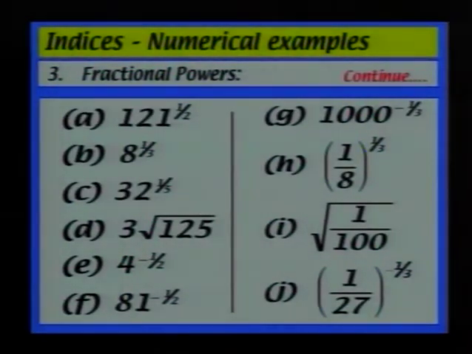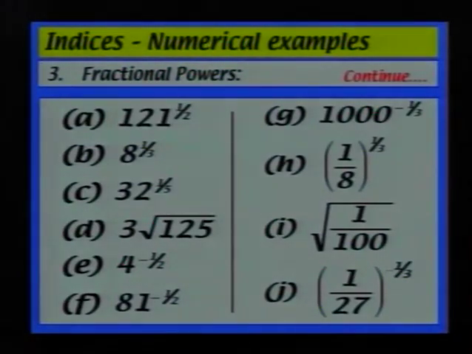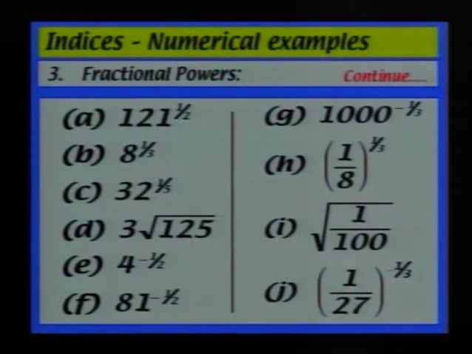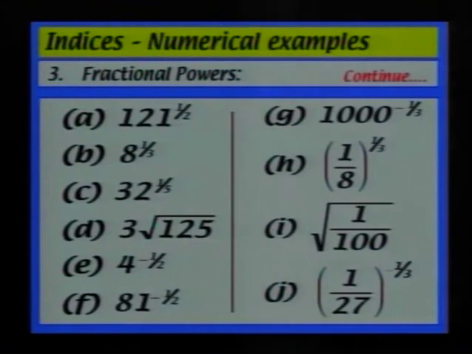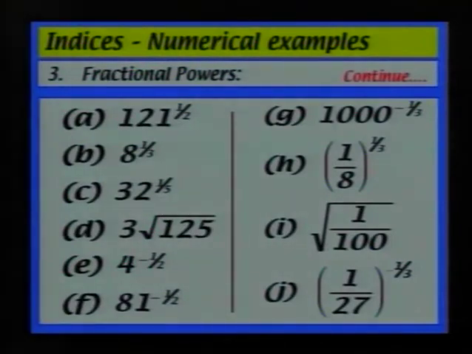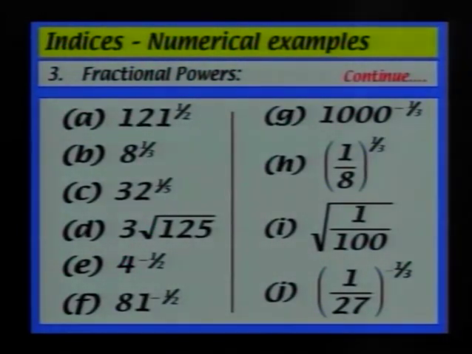You just note that number 3 should not be in line with the square root sign. It should be at the top, because if it's like that, then it means 3 times the square root of 125. Just make sure of that. That should be cube root of 125. Esther. 5 is correct. Letter E we did.